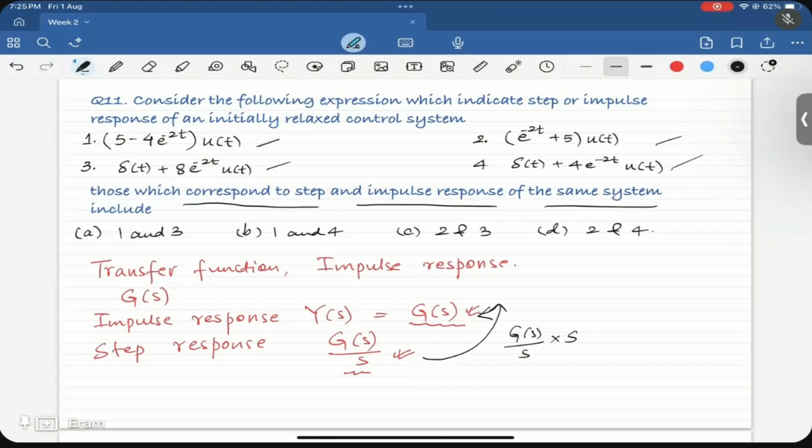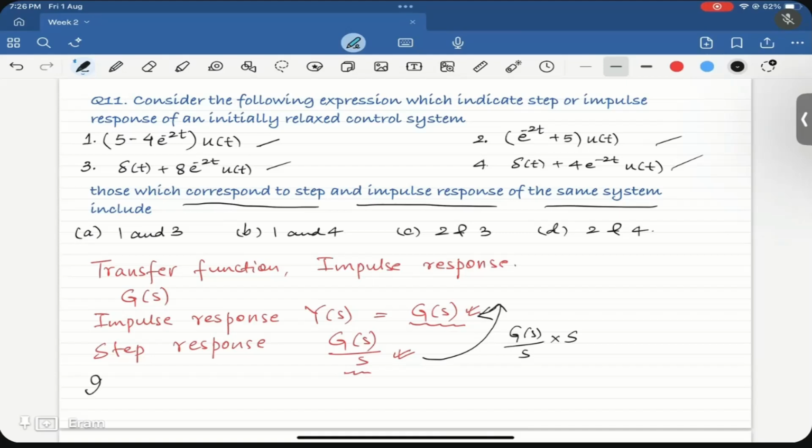And multiplication by s in Laplace is equivalent to differentiation, right? So how are these two related in the time domain?